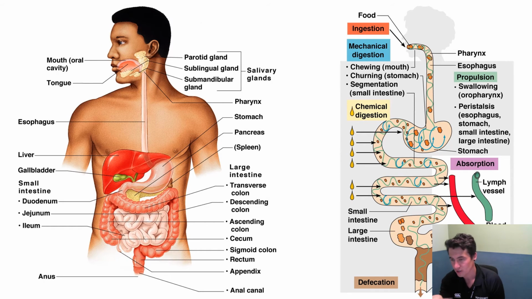So we've got absorption into blood vessels, but the lymphatic vessels actually also absorb fats, and we'll talk about that in the lymphatic system week. It also covers what's happening at the small intestines, large intestines, and then defecation at the very end. So if you could speak to this slide, then you understand everything that you need to know for the digestive system.